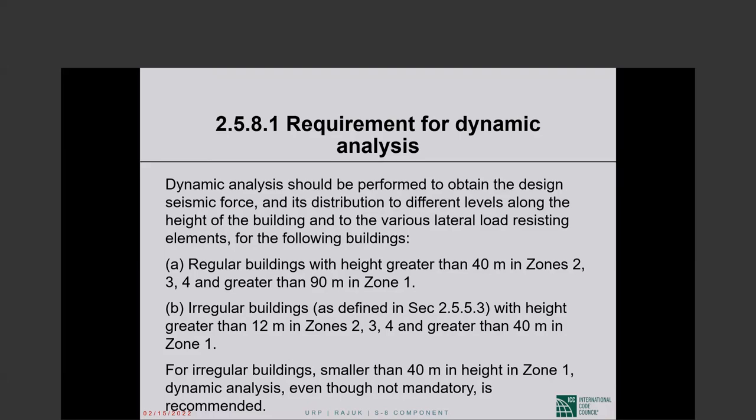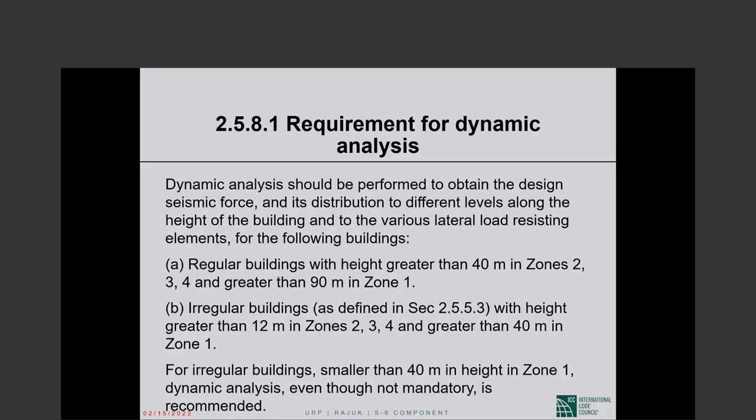A number of things. First of all, these are again BMBC requirements, different from ASCE 7 requirements, which I have discussed with you earlier. The thresholds for regular buildings are based on height. For irregular buildings, they are also based on height.